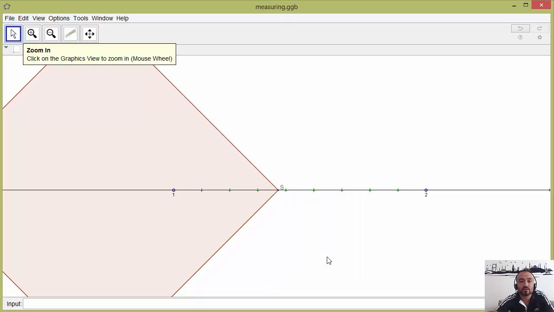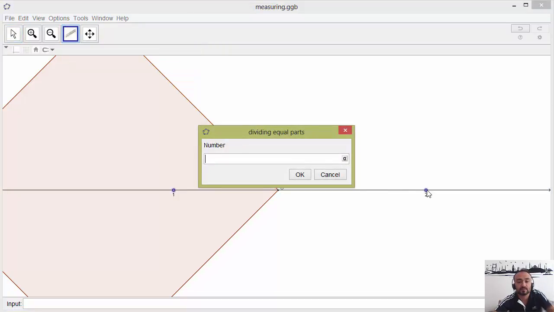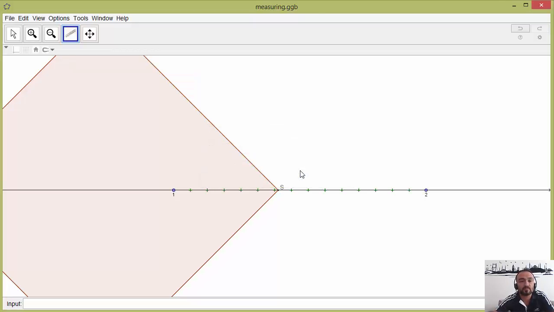I will mention how I created this custom tool in another video. The 15 partition also didn't work.